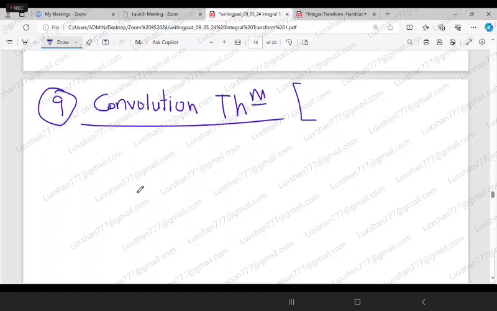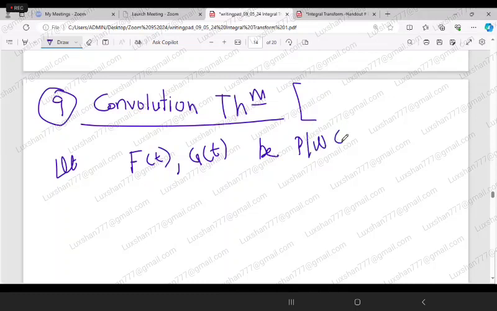Okay, so now say we have two functions. Let f(t), g(t) be piecewise continuous and exponential order functions.